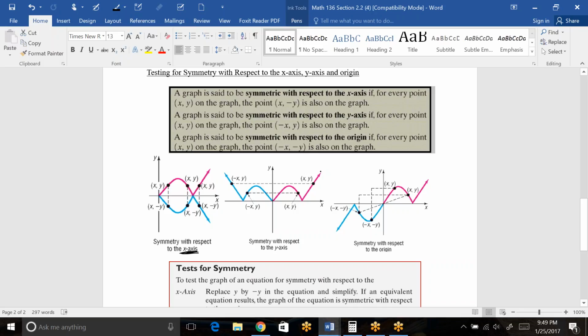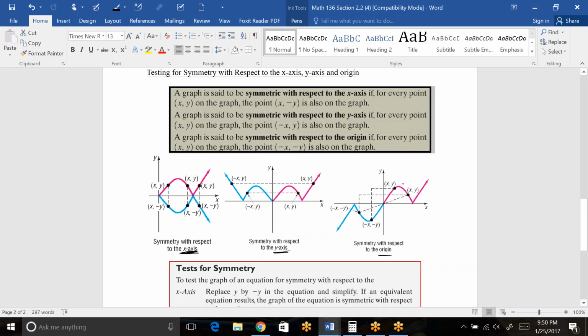If I take that same pink line and I flip it across the y-axis, notice that this folds a different way. This folds over this way. So my mirror images are, my y's are both now the same height, the same height that I was before, but my x went from being positive to negative. So notice that's how you get that reflection. And then origin symmetry means you do a double flip.